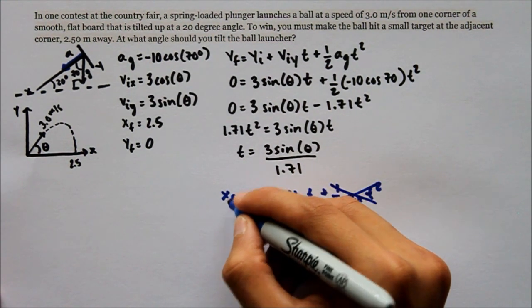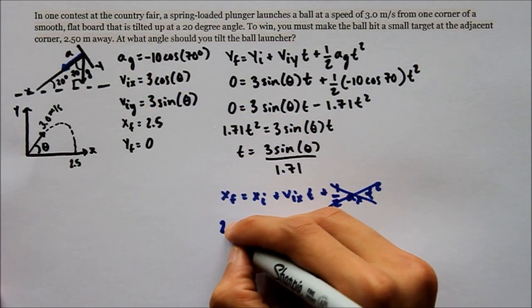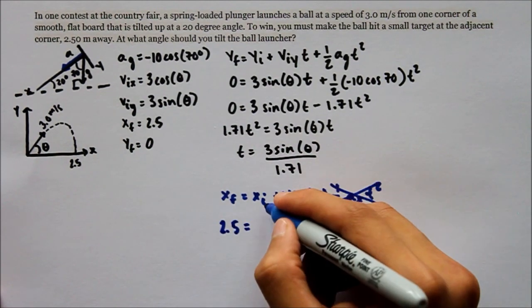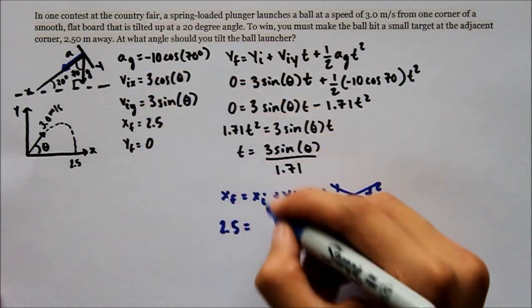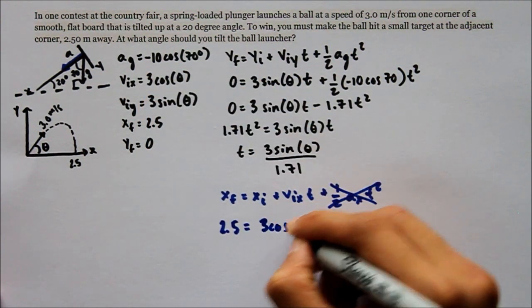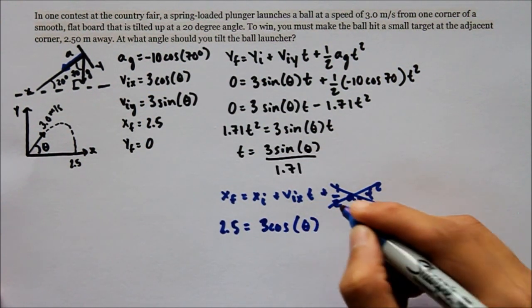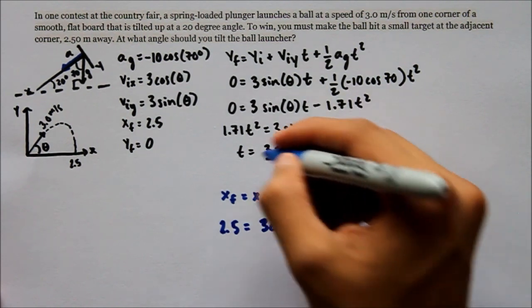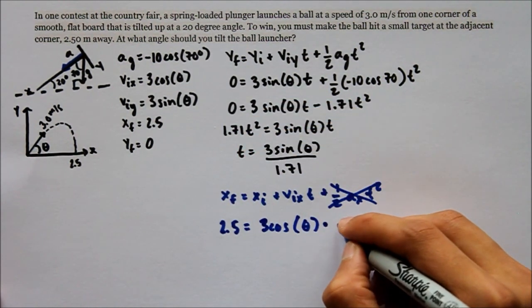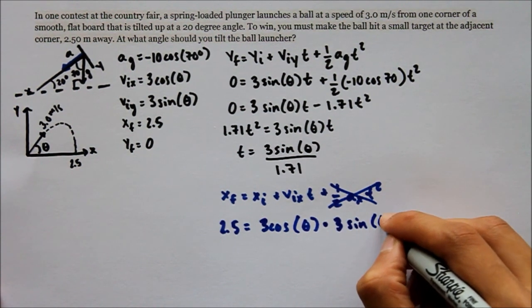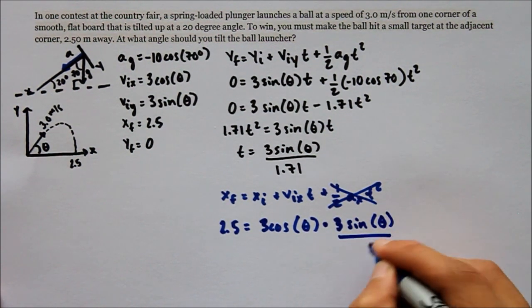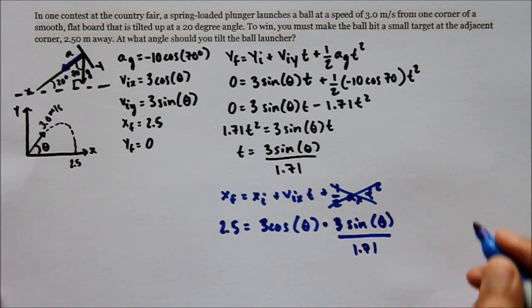And we know our x final up here is 2.5 equals x initial was just 0, and velocity initial along x is 3 cosine theta multiplied by t, but this time I'm going to multiply it by this t. So multiplied by 3 sine theta divided by 1.71.